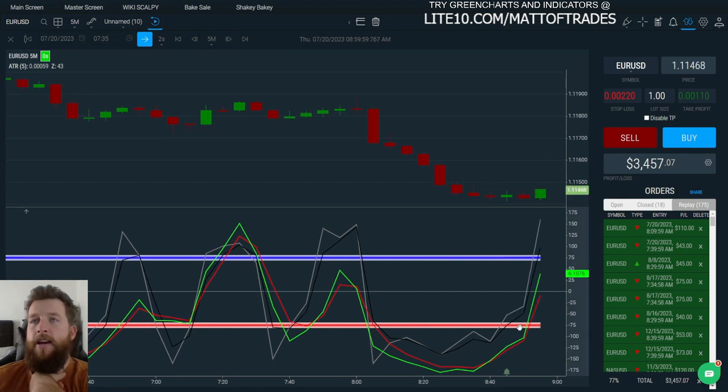All right, so now it is 9 o'clock. I usually don't trade past 9, but we do have strong commitment moving out of the overbought area. Let's just take it. We don't have much else to go off of. Looking for a bit of a reversal here, maybe.